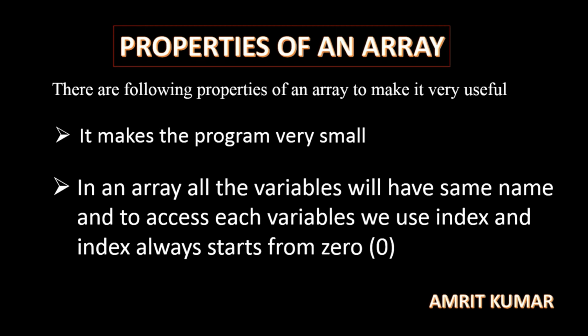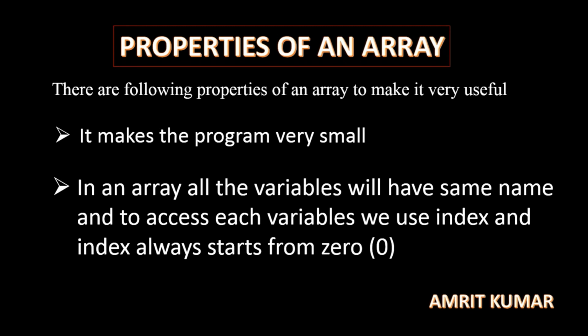I have also told you that if you write the variable name, then brackets, and inside the brackets use the index, then you can access that element easily. So if you want to access a variable, use the index.